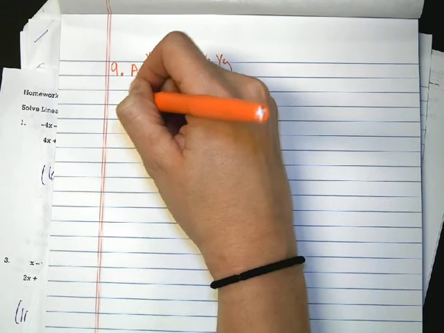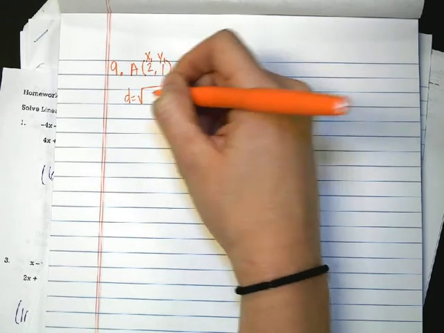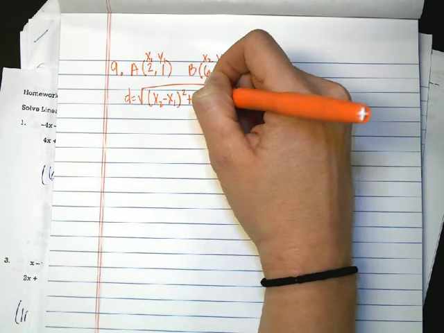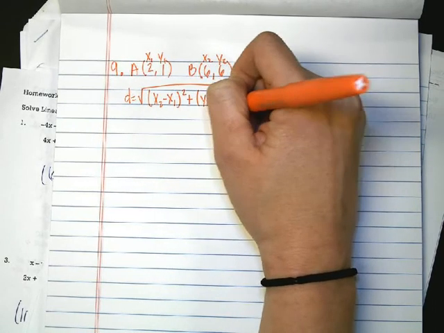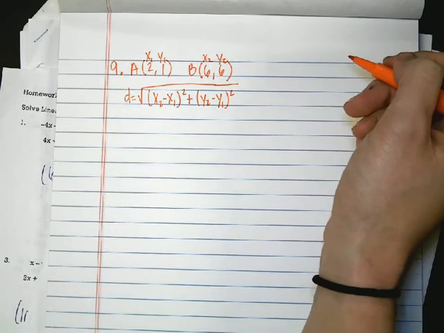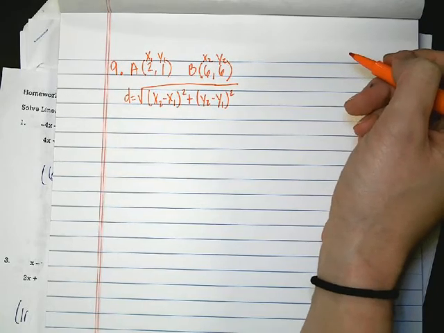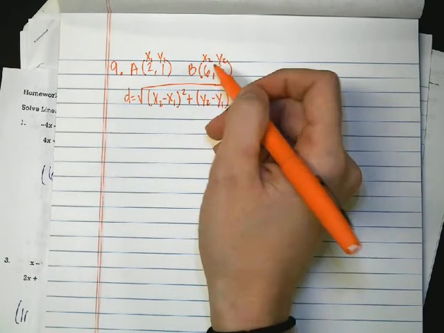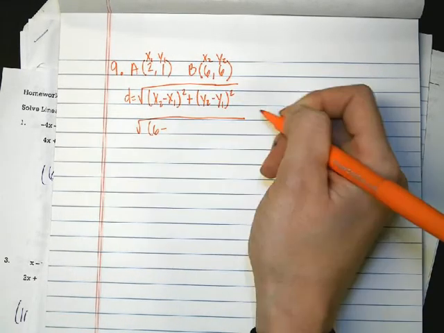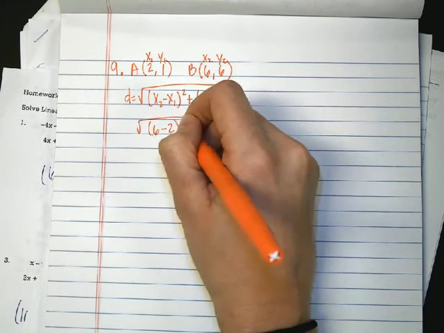X2 is 6 minus x1 is 2 squared plus y2 is 6 minus y1 is 1 squared. And then you want to simplify it. 6 minus 2 is 4 squared, plus 6 minus 1 is 5 squared.